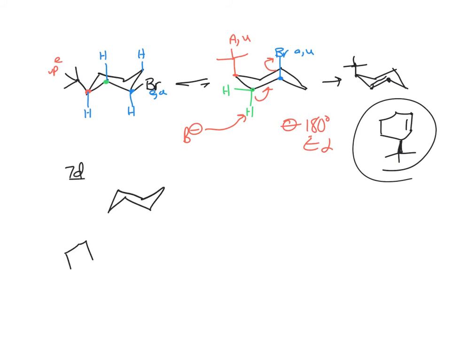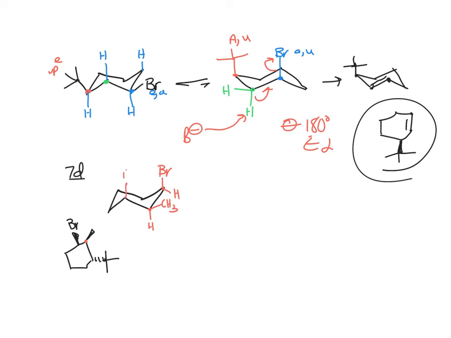So here's your problem. You have bromine up, you have methyl up, and you have a tert-butyl down. Okay, so just pick one. Let's pick this one, bromine up, and then we have this one, and that would be a hydrogen down. So it's methyl up.